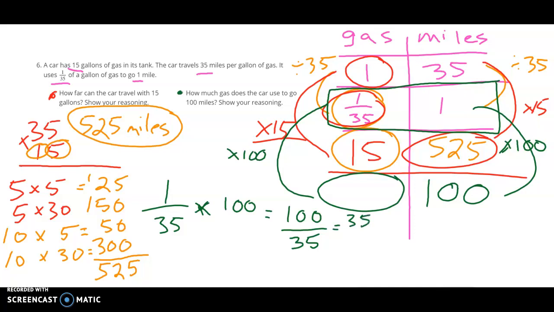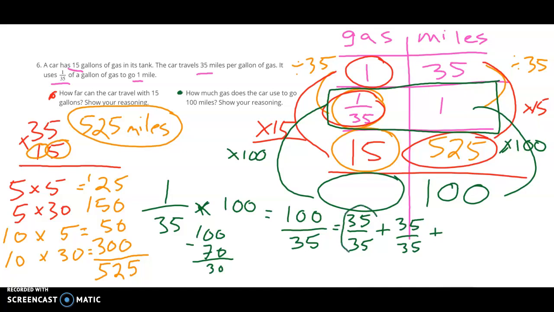I know that 35 times 2 is 70, so there's still another 35 35ths in 100 35ths. I cannot do another 35. 35 plus 35 is 70. If I do 100 minus 70, I get 30.